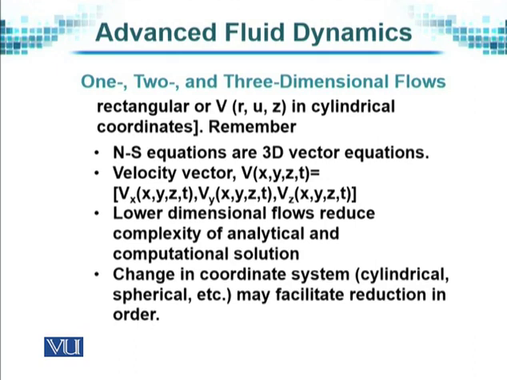For cylindrical and spherical, generally we take three-dimensional coordinates, and where appropriate, it's good to transform the equation of motion from x, y, z to either cylindrical coordinates or spherical polar coordinates, because those coordinates are meant for that specific geometry in which the fluid flow is taking place.